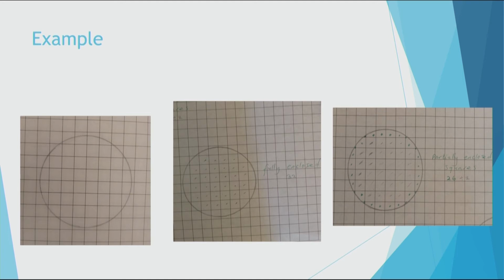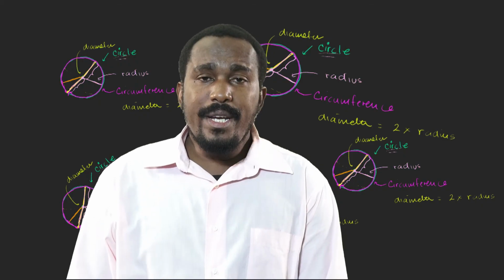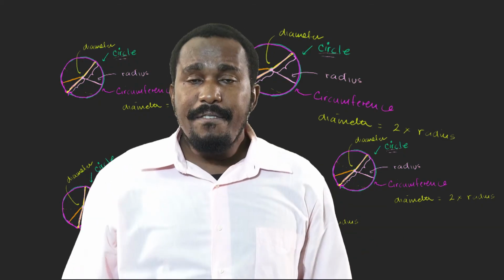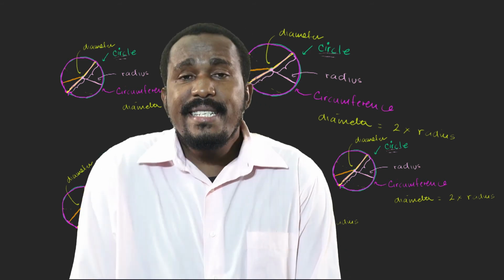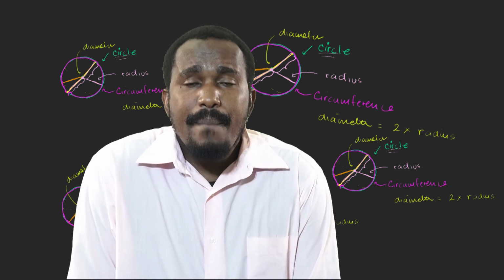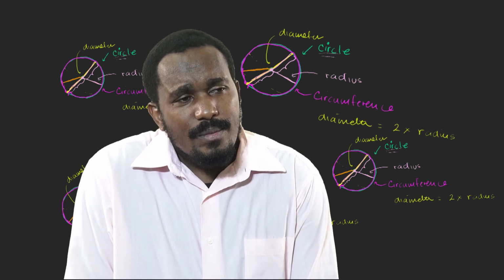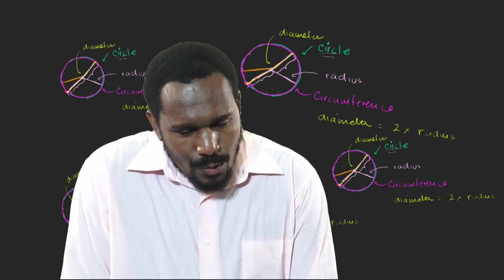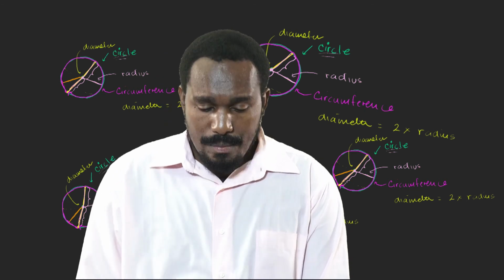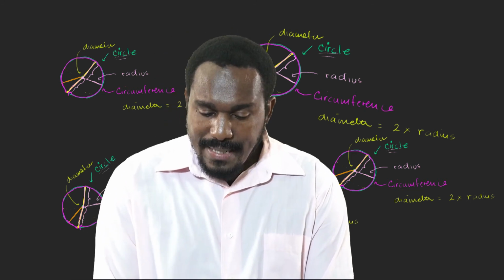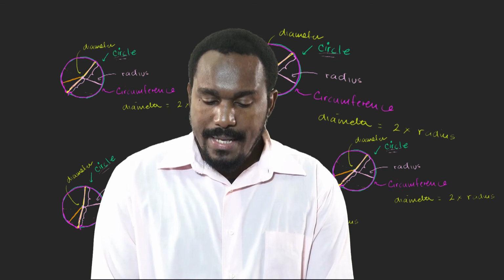Now, because they are partly covered, we shall divide that 26 by 2. So what is 26 divided by 2? You get it right. It's 13. So keep that number 13. Let's proceed now.